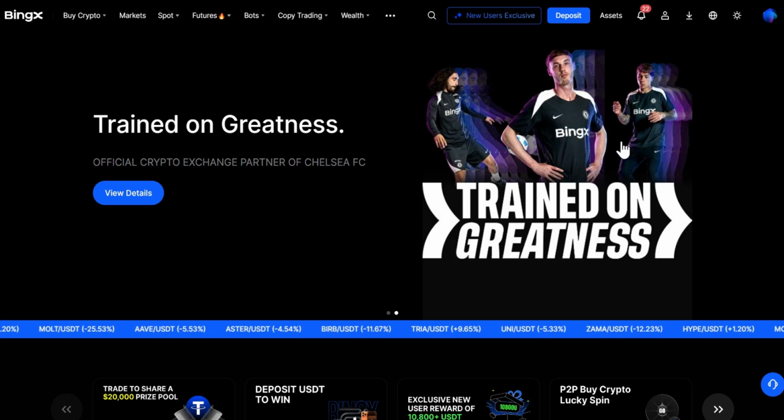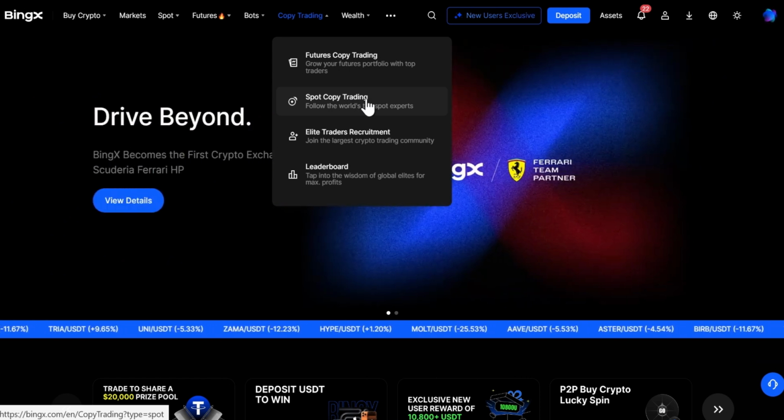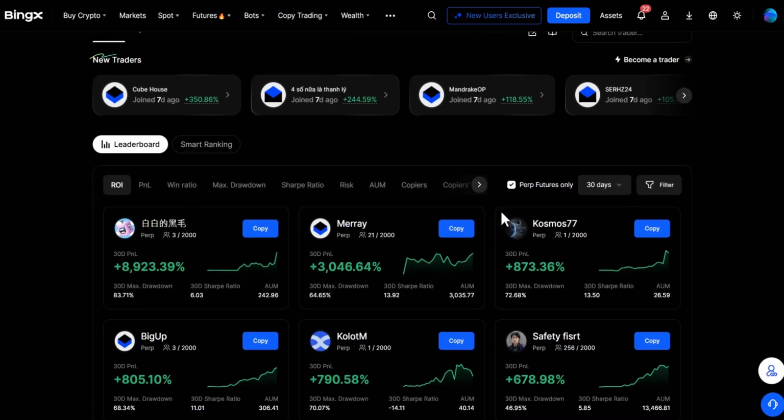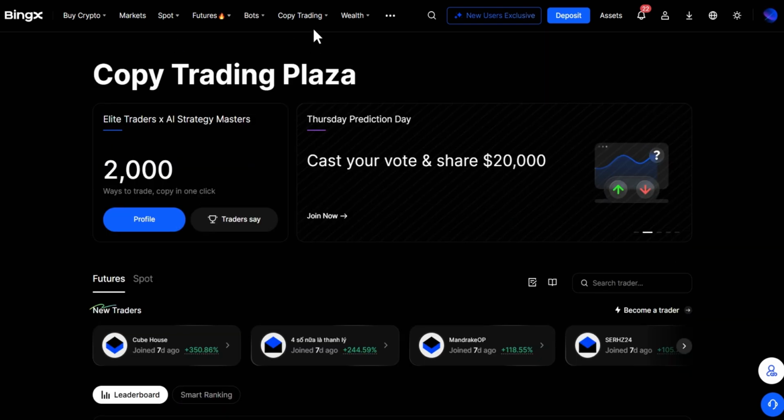Alright, so once you're logged into your BingX account, here's what you need to do. Go to the top navigation bar and hover over copy trading. As you can see here, BingX offers two types of copy trading: futures copy trading and spot copy trading. Now, the main difference is simple. Futures copy trading uses leverage, which means you can amplify your gains, but also your losses.